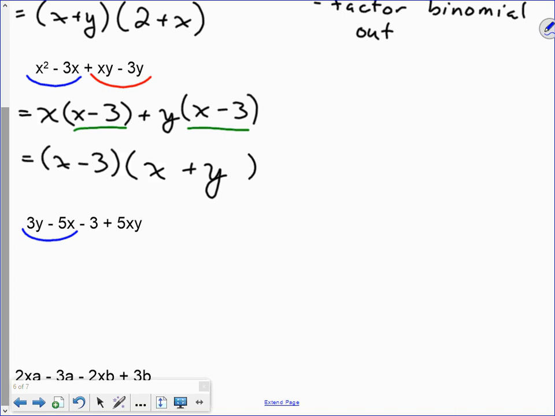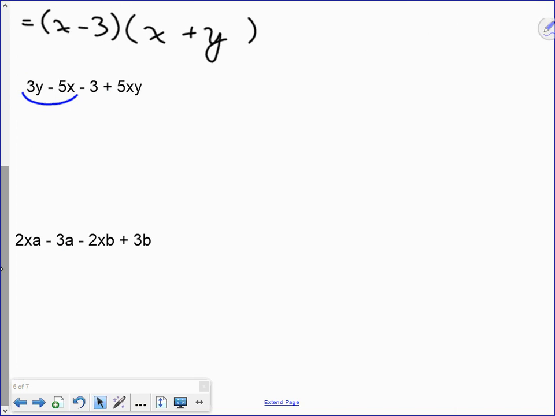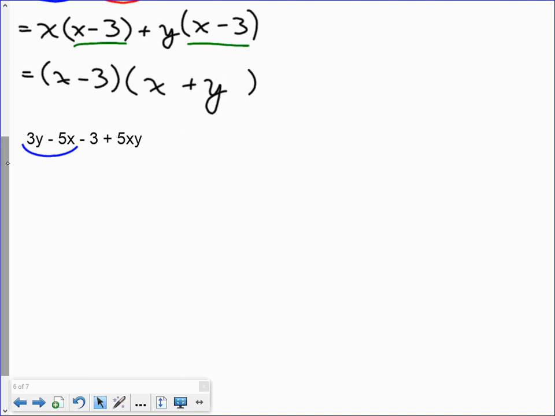So what we have to do in this case is we're actually going to rearrange the terms before we factor by grouping. Because these terms are just added or subtracted, I can change the order, making sure I don't change the signs on the terms. So I'm going to write this as 3y minus 3 minus 5x plus 5xy.